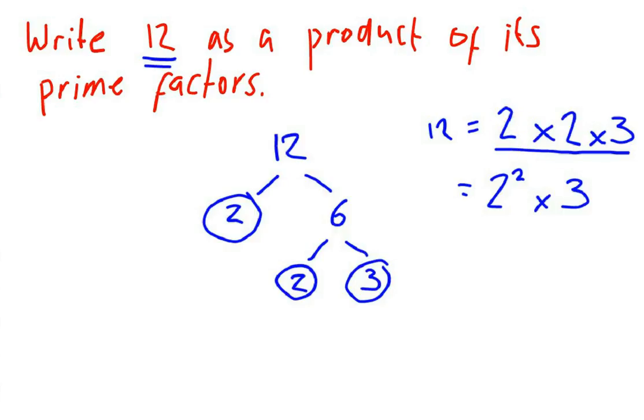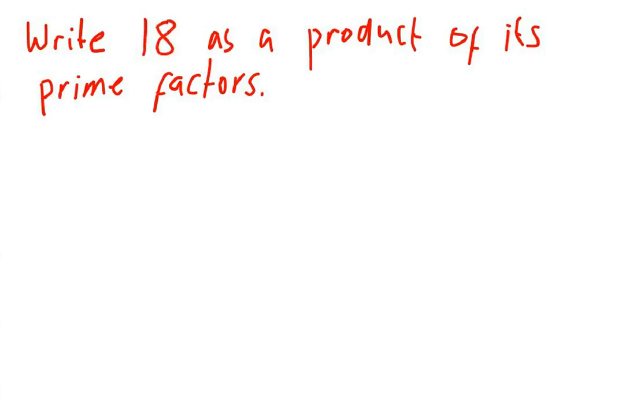Okay, we'll do one more example, and then we'll use that to move on to highest common factors and lowest common multiples. So this time our question is asking us to write 18 as a product of its prime factors. As before, I'm just going to start by writing 18 at the top. And then I'm going to do two branches of my factor tree. Any two factors that go into 18.